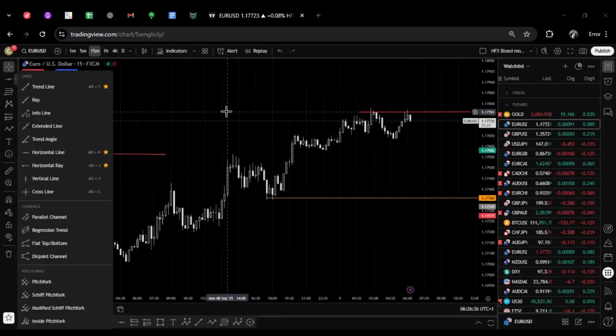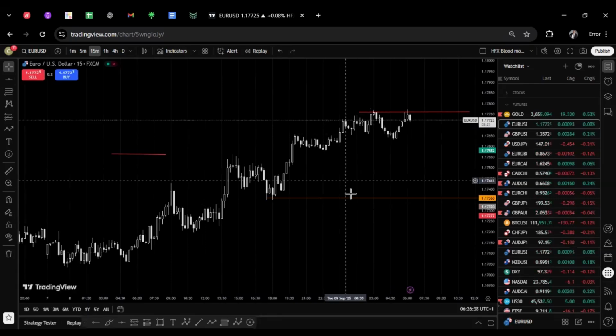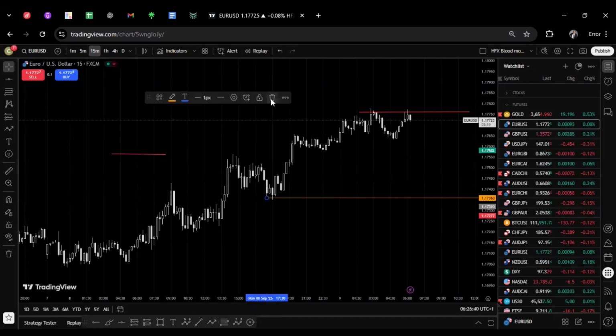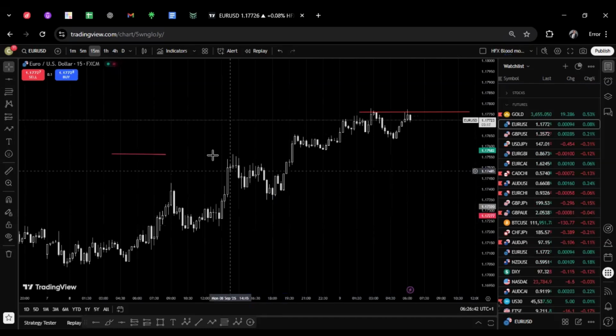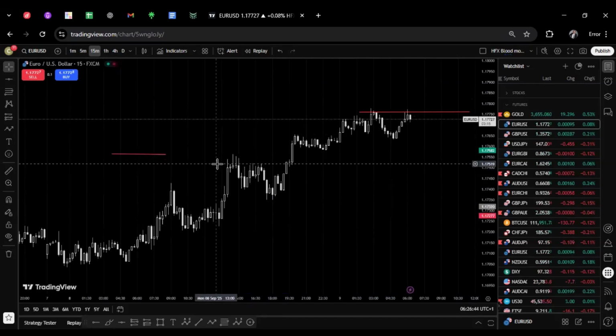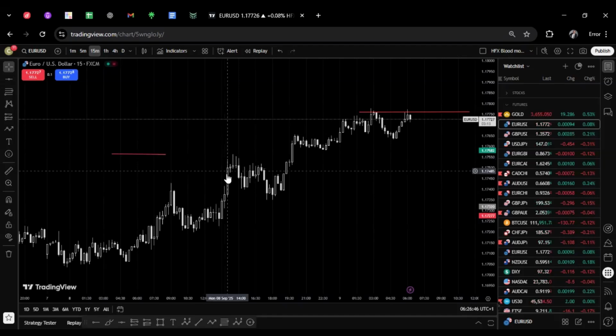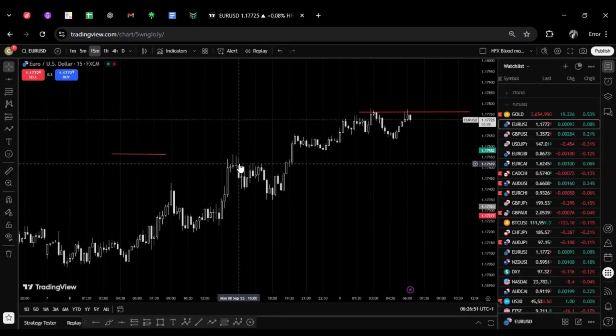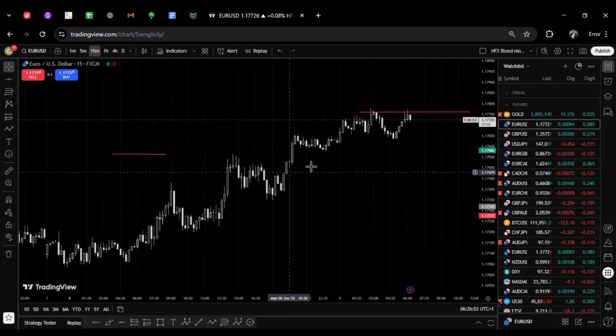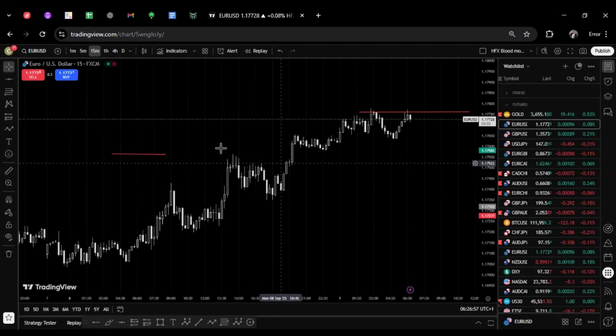So back to what I was saying. We have an area, for instance this one, that is a clear resistance. Our deal is, next time the market gets to this area, we take our sell. We have loads of reactions here.